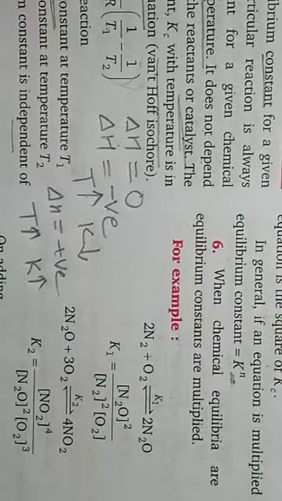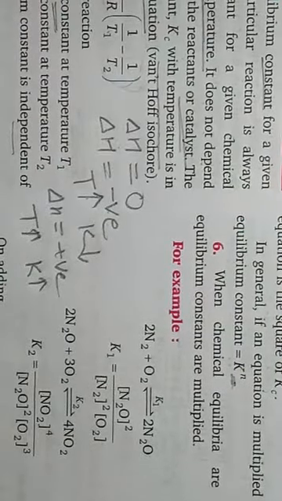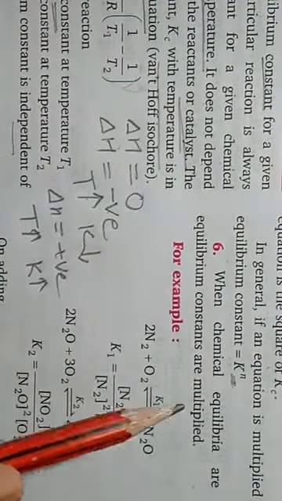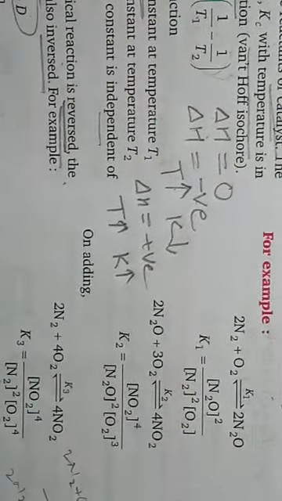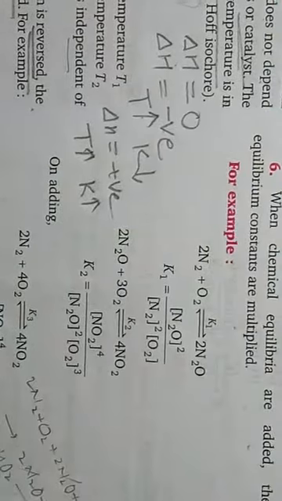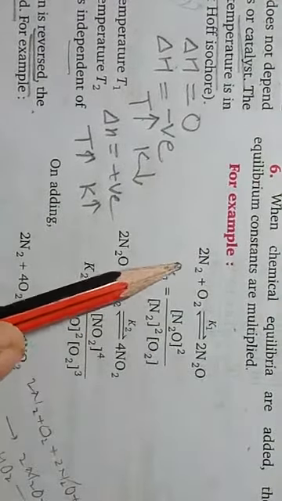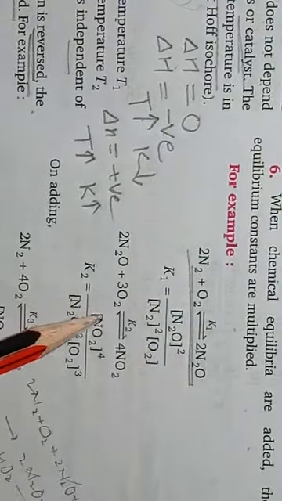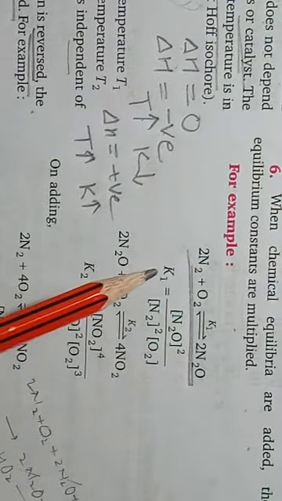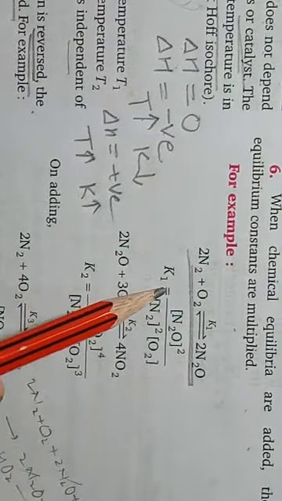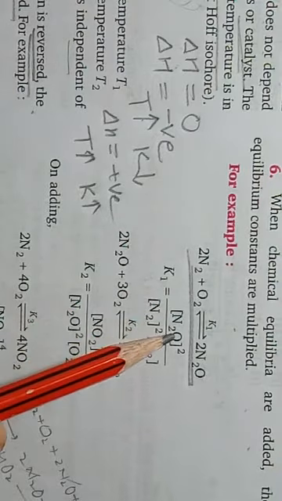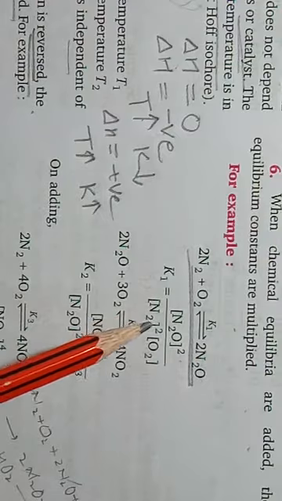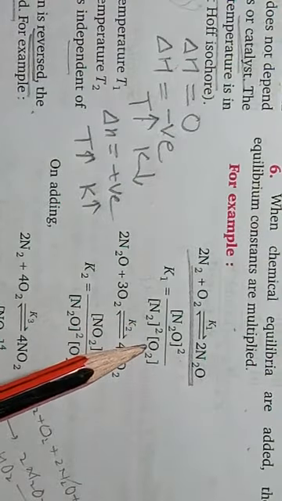Then point 6: when chemical equilibria are added, their equilibrium constants are multiplied. An example is given here. This is the first chemical equilibrium, and its equilibrium constant K1 will be equal to N2O squared divided by N2 to the power 2 and O2.